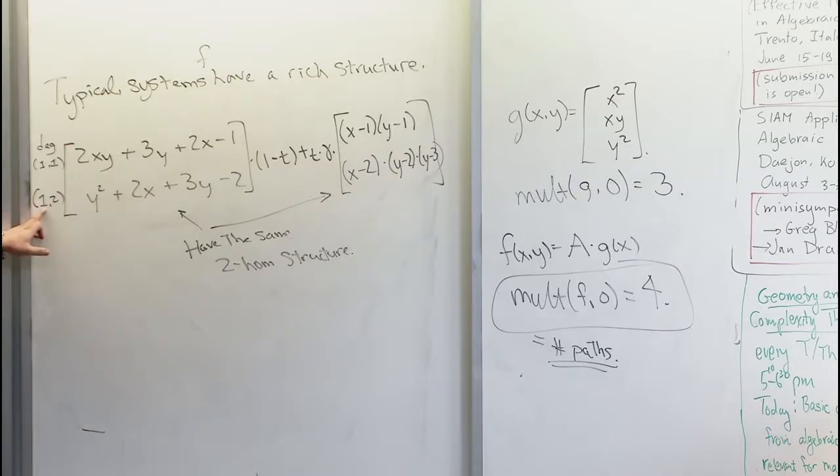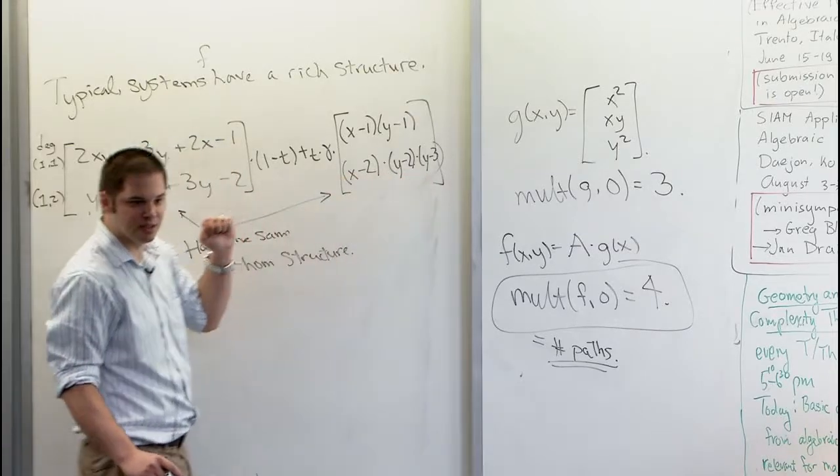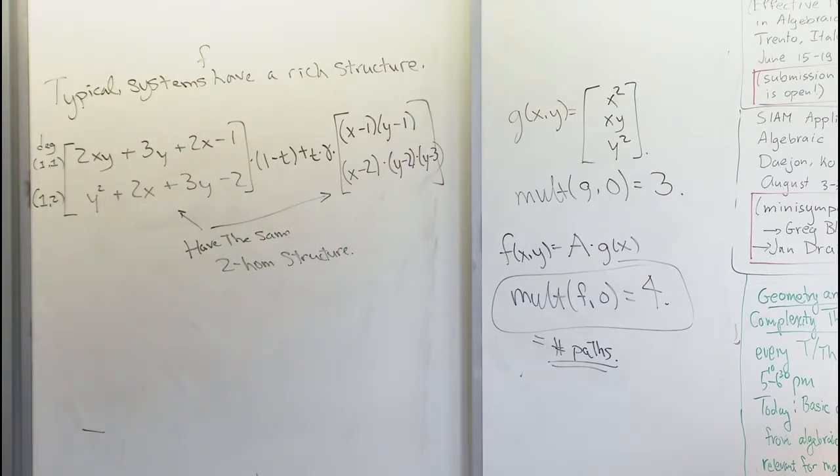So I need 1 linear in x and 2 linears in y. Even though it's not cubic, as you would think of cubics, it is of degree 1,2, and therefore I need a polynomial of degree 1,2. Okay, so this is multi-homogeneous.